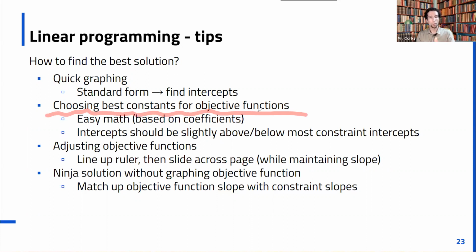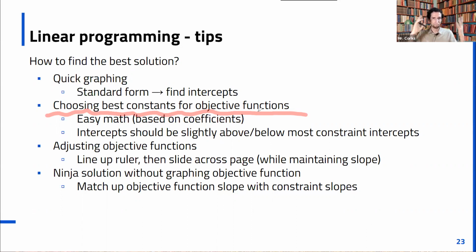So look at the coefficients and just find something with really easy math that will divide nicely into the constant, where the coefficients will divide nicely into the constants. Just with our standard form thing and finding the intercepts, that method, constant divided by one of the coefficients.